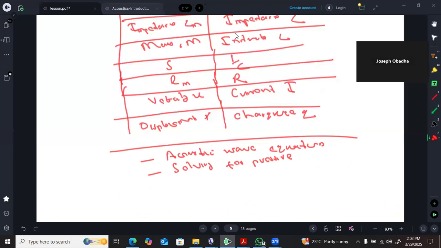And more importantly, we saw that a system may be made up of all three systems: the mechanical system, the electrical system, and the acoustic system, like the speakers and microphones. So we'll be able to appreciate what happens in the acoustic field, and it will also form the background to the study of more advanced acoustic devices.